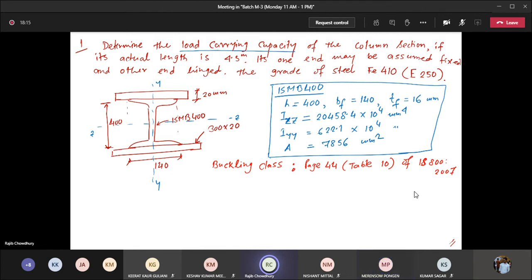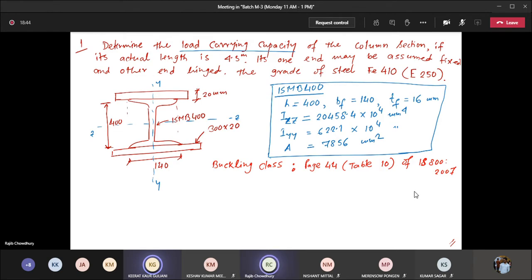Yes. Huh? Meranshu? Yes, sir, it's here. Right? Yes. Okay. So Kirat or Juhi, Kumar? Yes, sir. This buckling class, I think it is not a new term to you. Sir, it wasn't explicitly mentioned in the class.